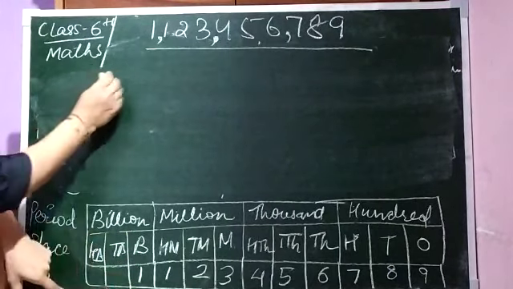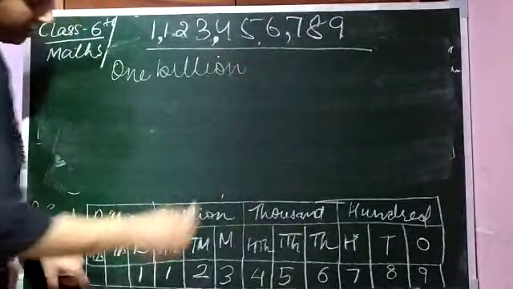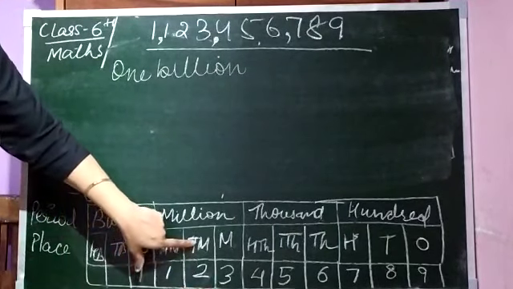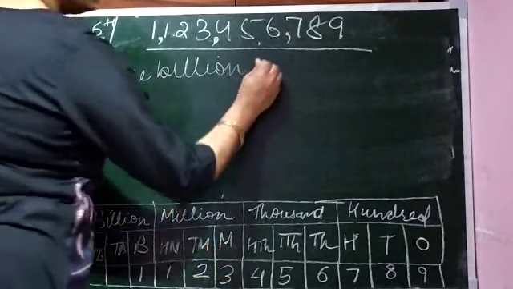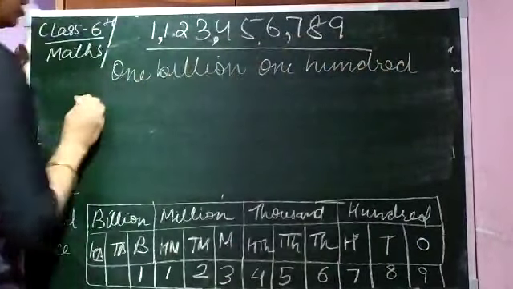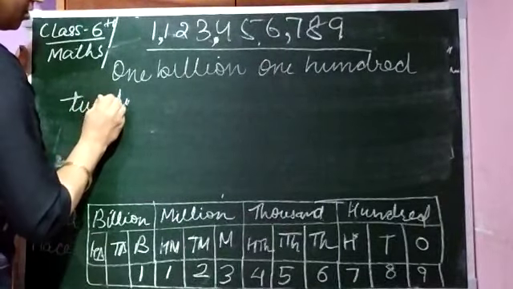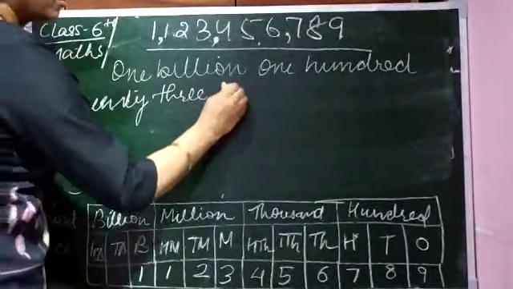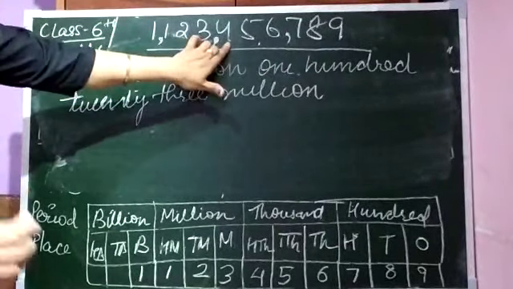So it is what? 1 billion. 123 has 100, 2 tens and 3 ones. So 123 million.